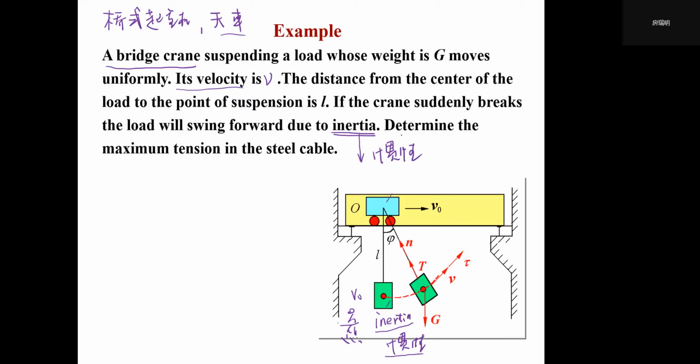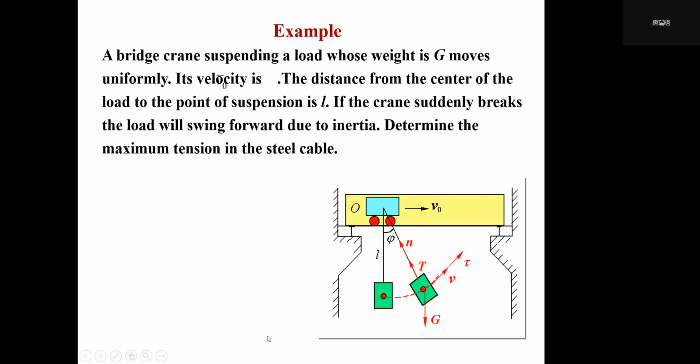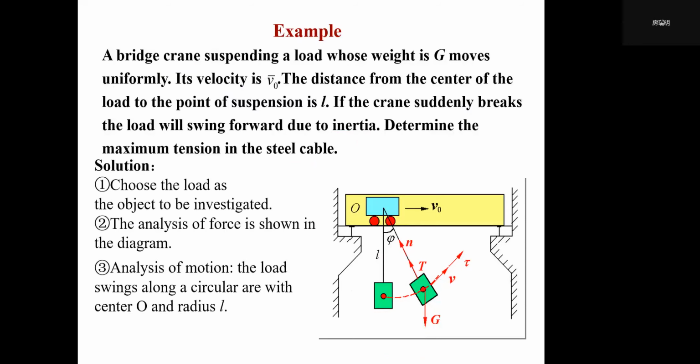So let us determine the maximum tension in the steel cable. So we call that this is the steel rope or steel cable, right? So you guys can find its analysis precise. So you should pay attention to its process of analysis.